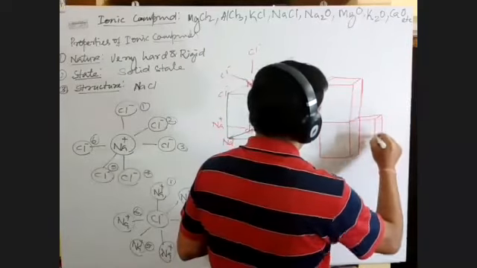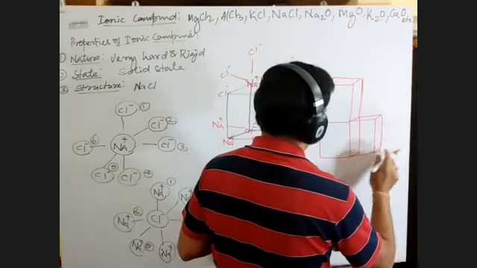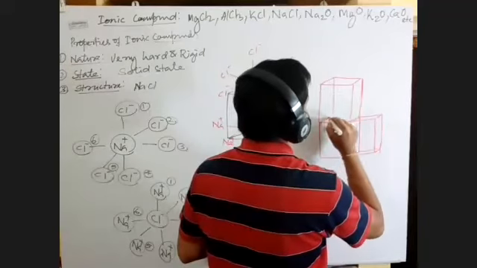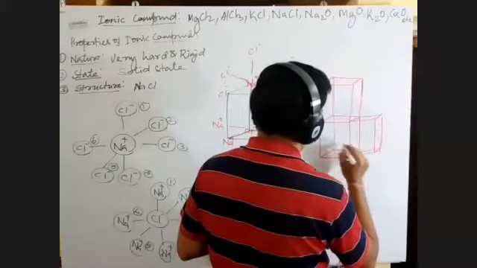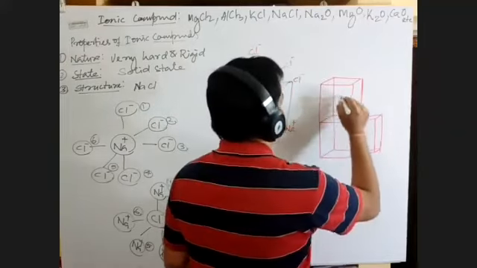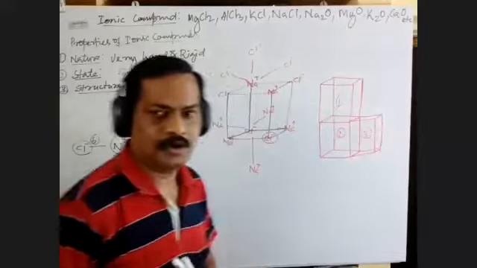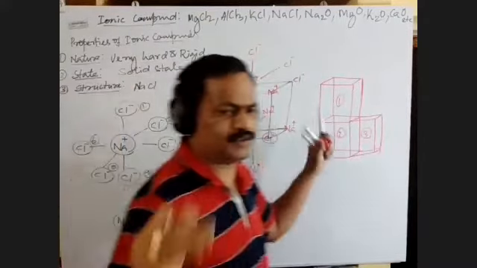Right. So this is called a lattice. Crystal 1, crystal 2, and crystal 3, all these are formed like that. So it forms a very giant molecule.